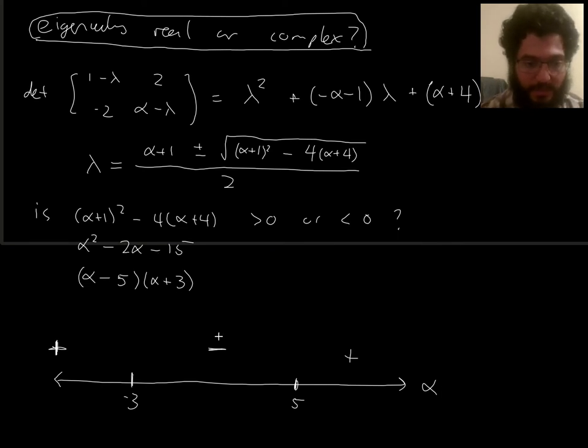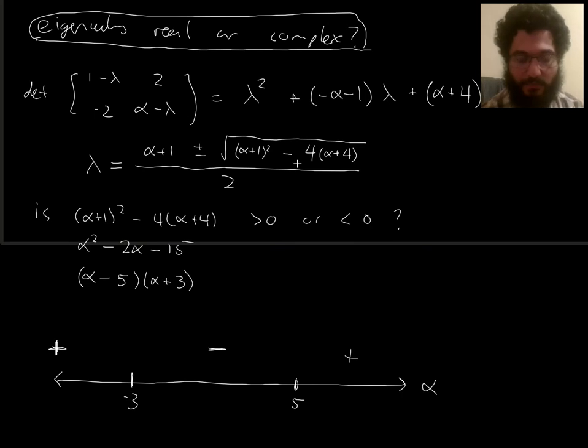So what I'm depicting here, along the axis of possible alphas, is the sign of this polynomial. This polynomial in alpha is what sits under the square root when you try to find out what your lambdas are. And remember, our original question, are the eigenvalues real or complex, is basically the question, is the thing sitting under the square root positive or negative?